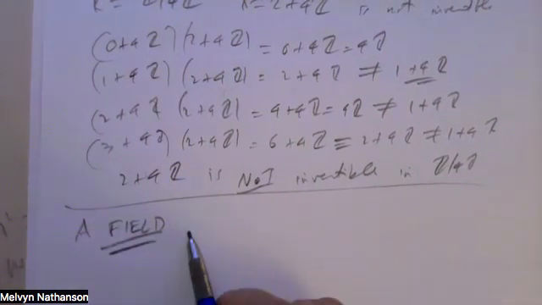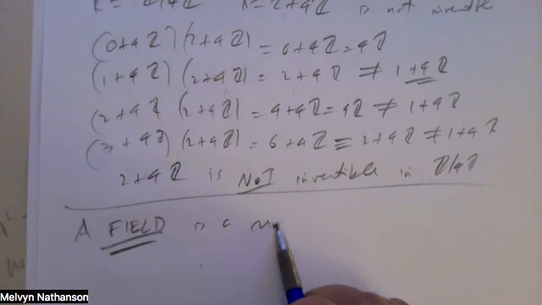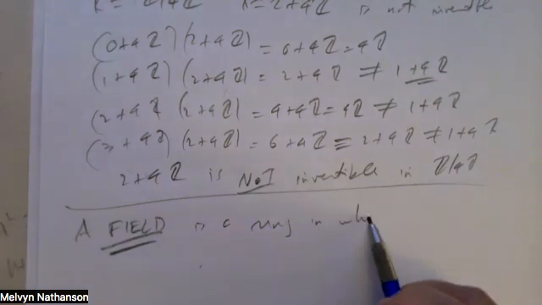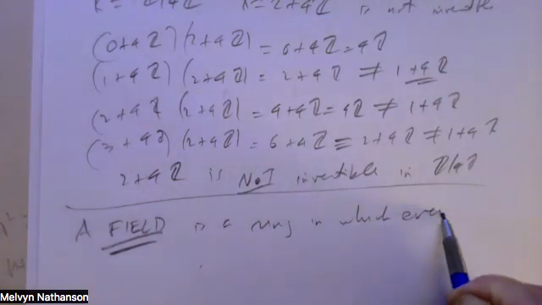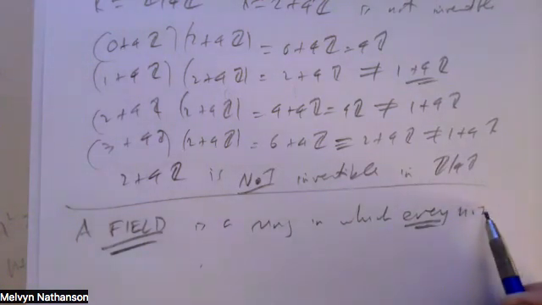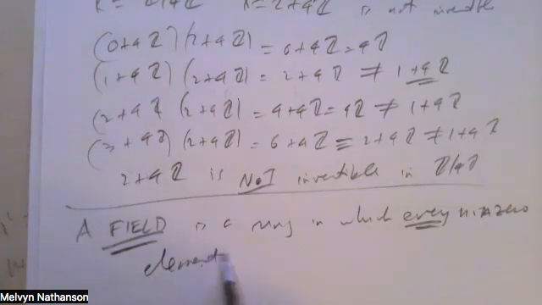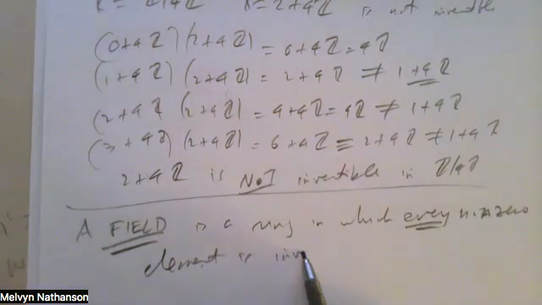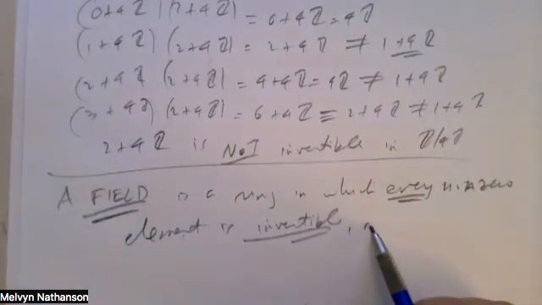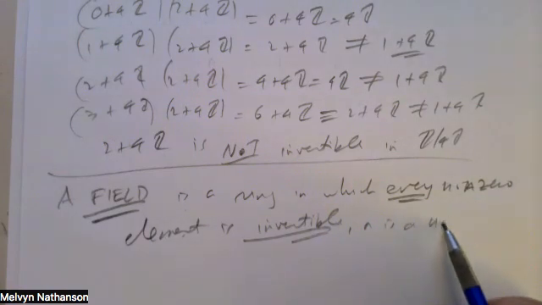this is the word we're defining, is a ring in which every non-zero element is invertible. And invertible elements are called units.